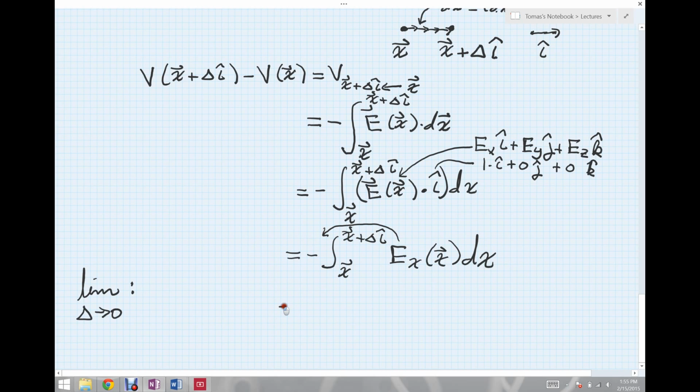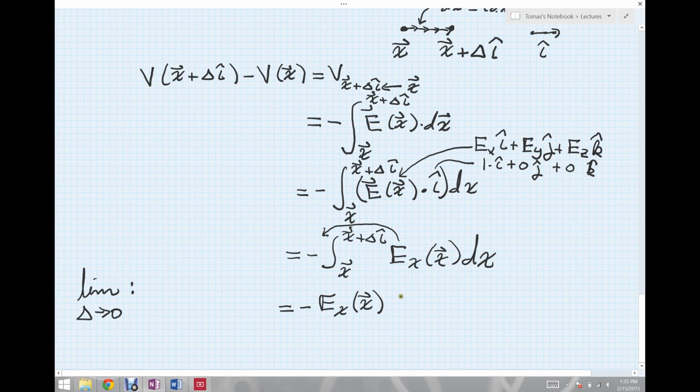What I will be left with then is my minus sign, the x component of the electric field. Its value is the same at all of these points if I'm shrinking delta down to 0, so I'll just pick its value at one particular point, namely the point x. So this is the x component of the electric field at my initial point x.